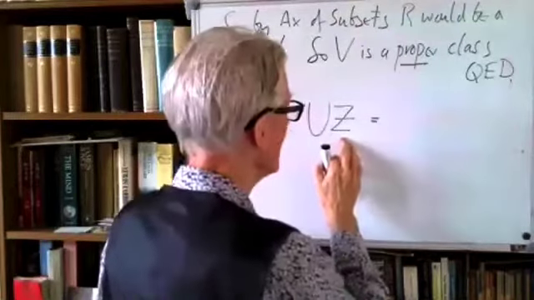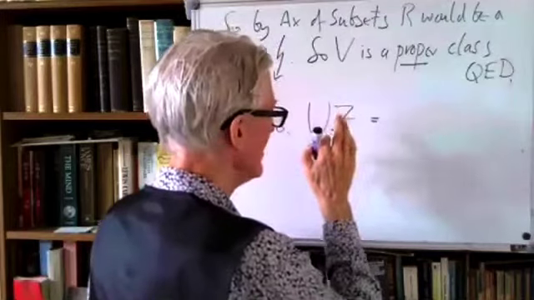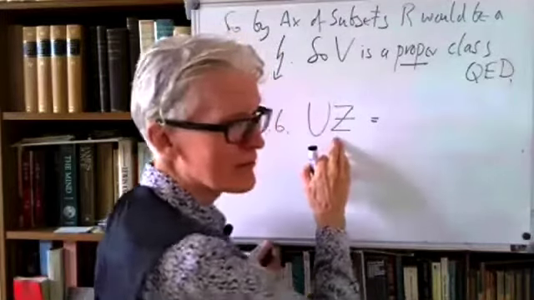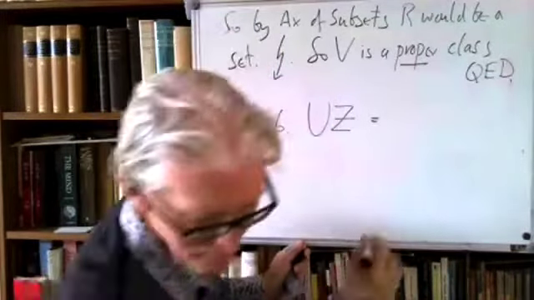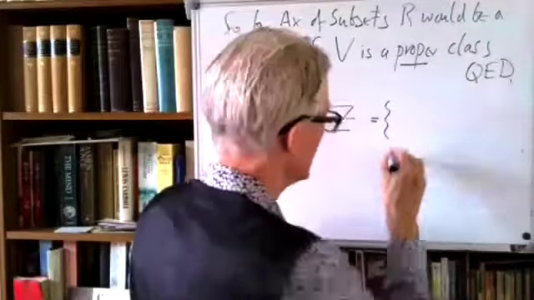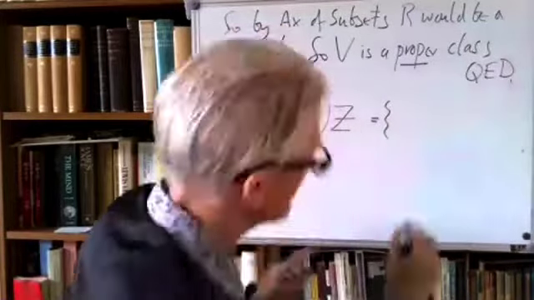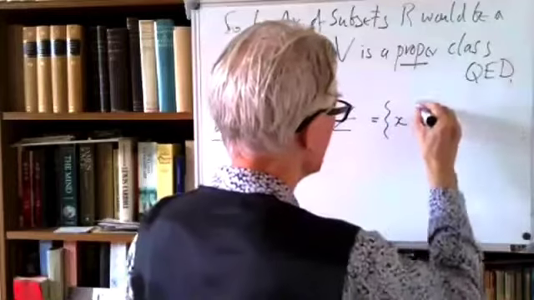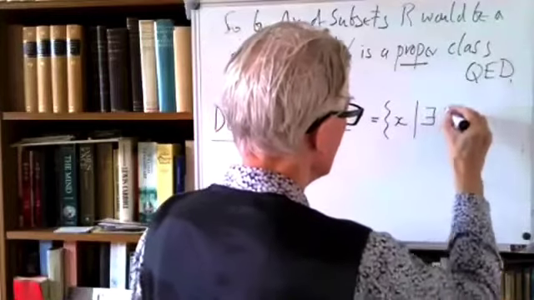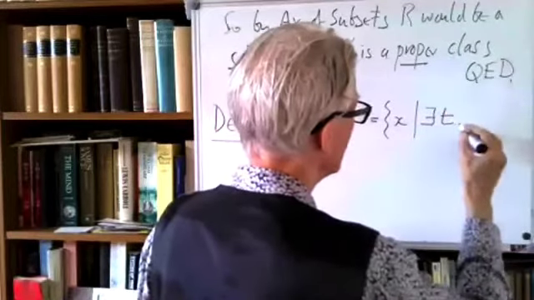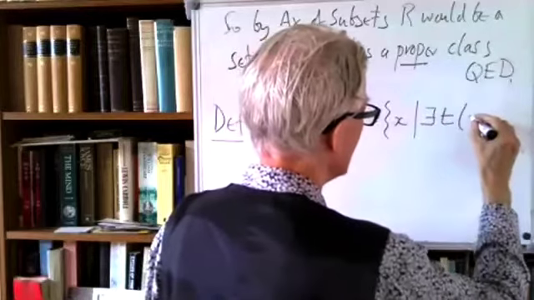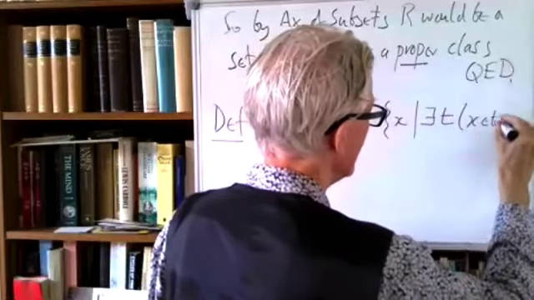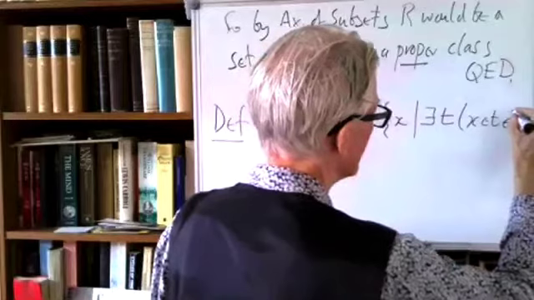It's the collection of elements of Z here. So it's the collection of x's so that there is some t such that x is in t and t is in Z.